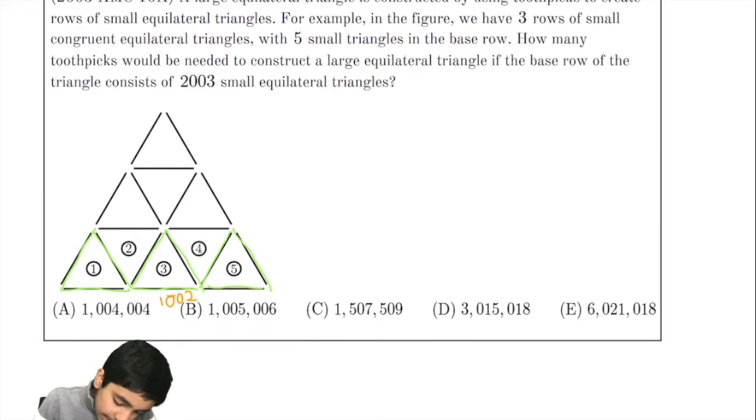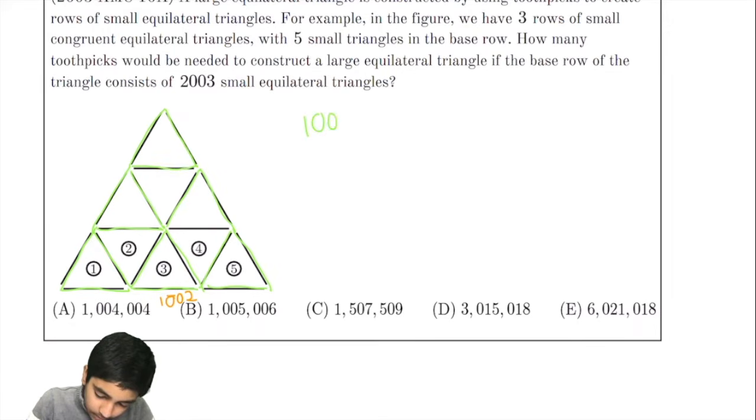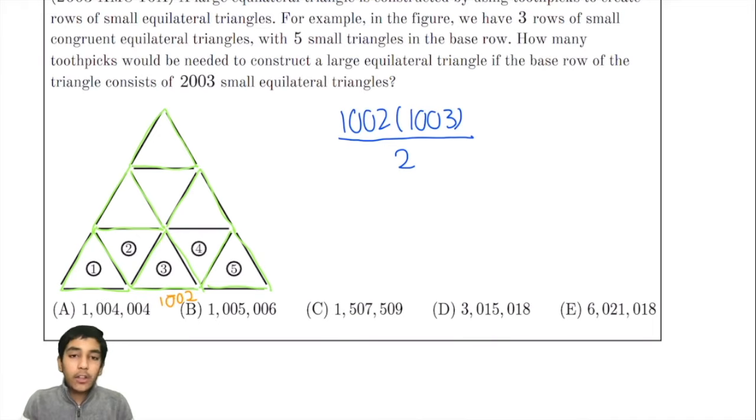Now if you extend it from 3 on the base to 1002, we can see that there will be a total of 1002 times 1003 divided by 2 equilateral triangles, and each of those triangles has three toothpicks in it. So we multiply by 3.